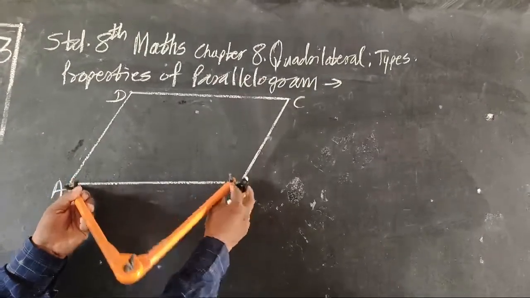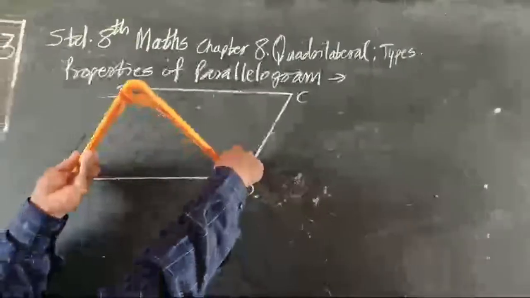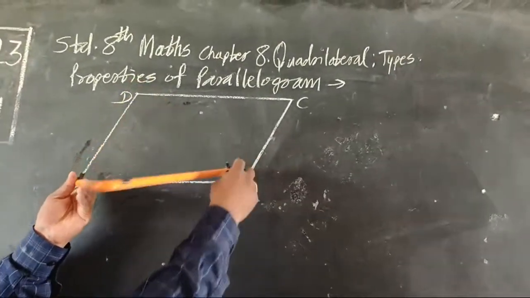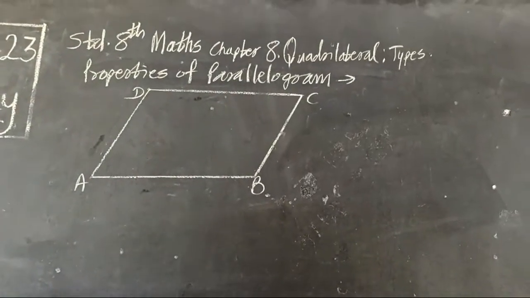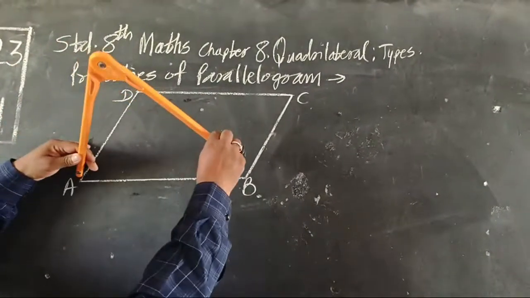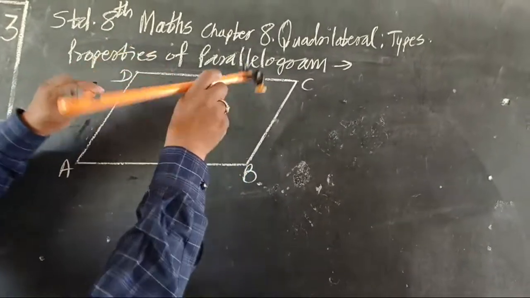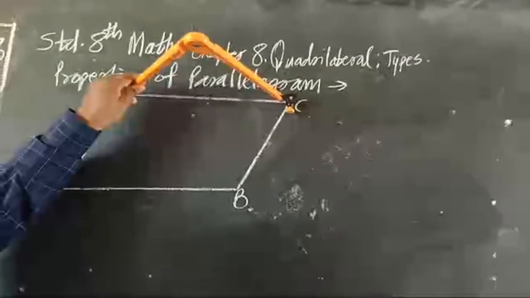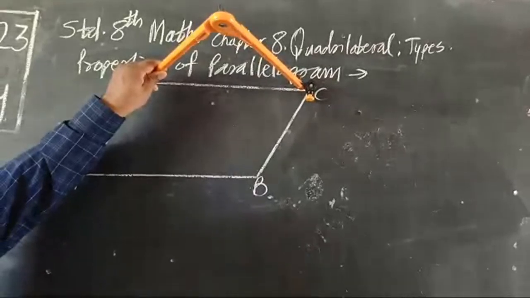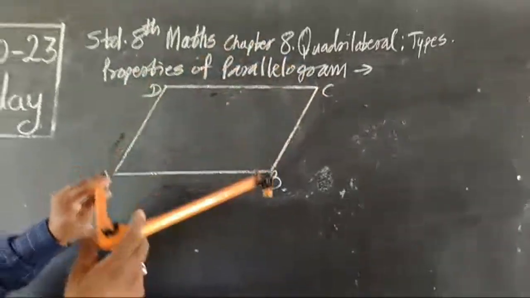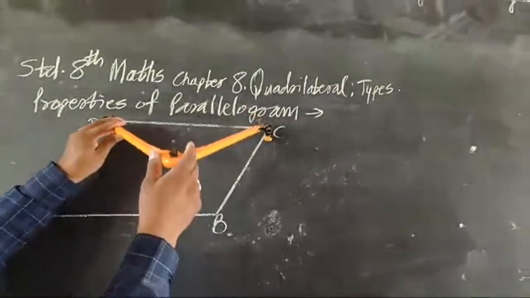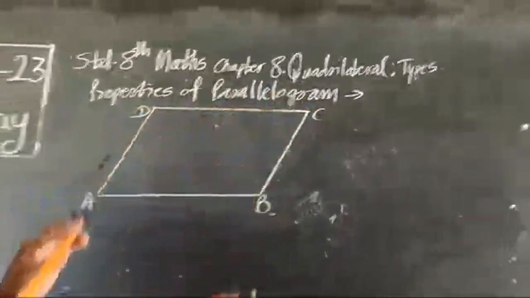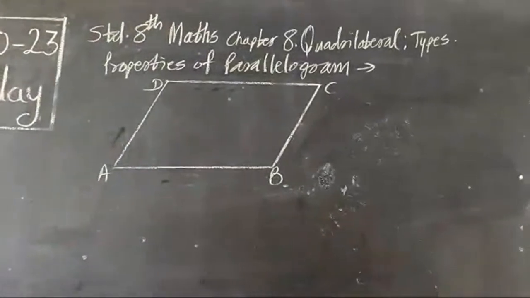This length AB and length DC, two sides are congruent.